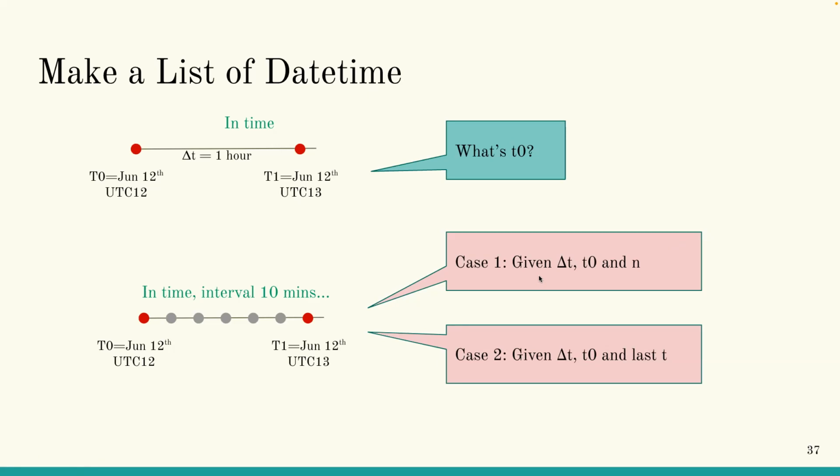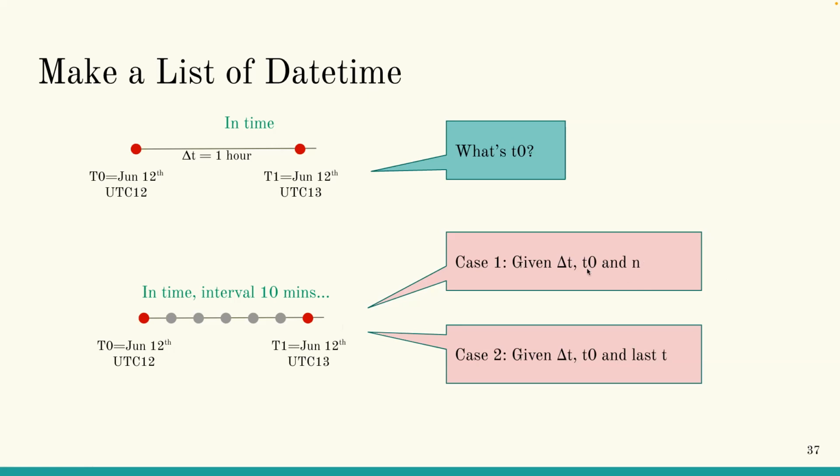There are two ways to make a list. The first way is to have delta T, T0, and the number of data decided. Or the second case is that we have delta T decided, T0 decided, and the last T, which is 1 o'clock in this case.